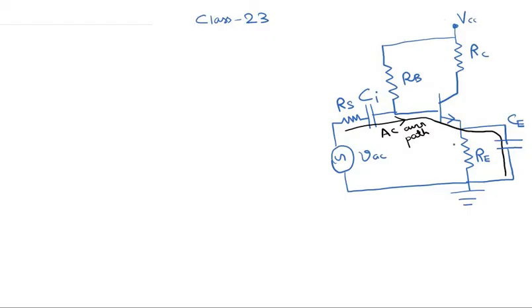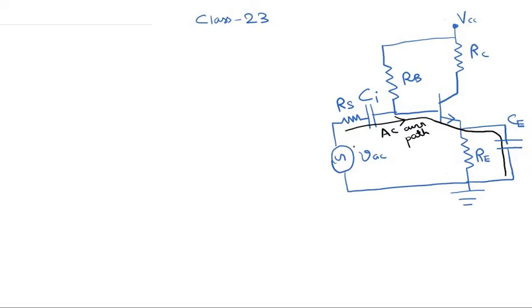Okay, the AC current does not flow through this resistor RE because this capacitor Ce acts as a short circuit at the AC frequency. It is assumed that at the frequency of operation Ci and Ce are chosen such that they basically act as a short circuit to the AC current.